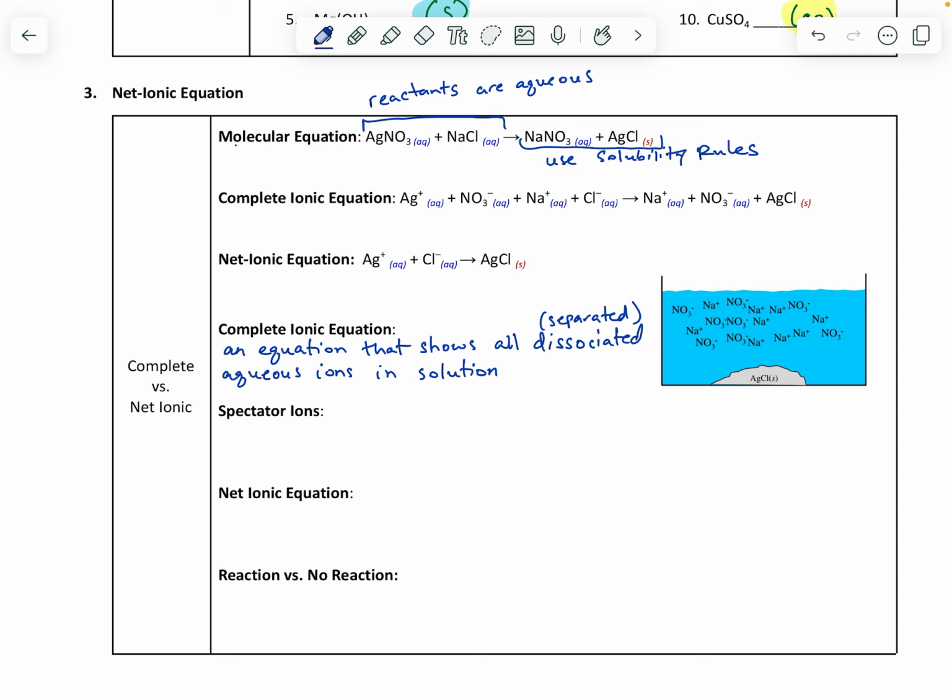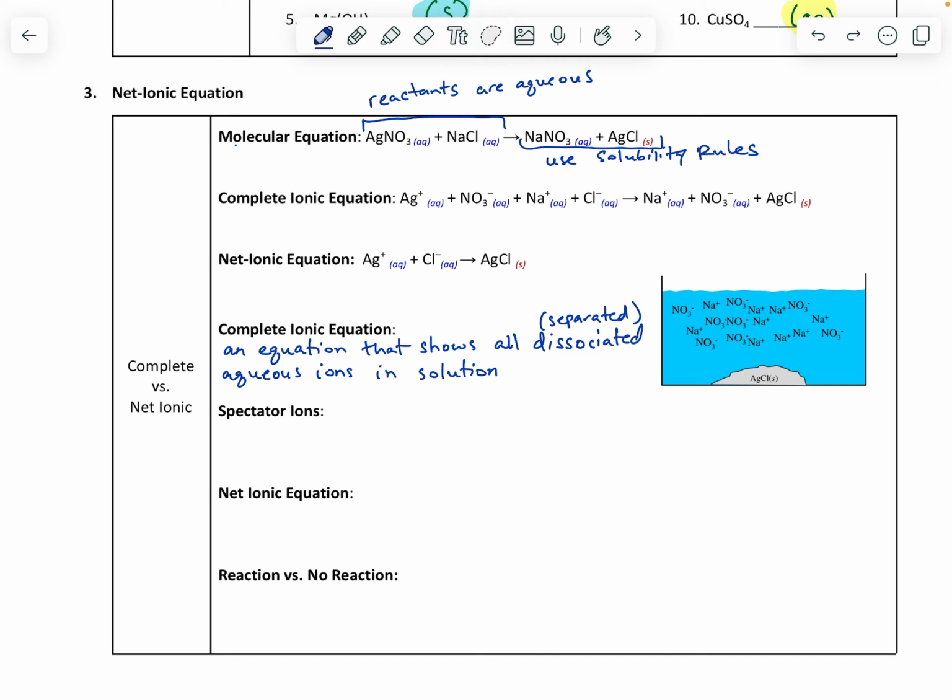You can see the difference between the molecular equation here and the complete ionic equation is that anywhere I see an aqueous solution, I'm going to separate it into its individual ions. Silver nitrate is made up of a positive silver and a negative nitrate ion. You do need to incorporate those charges, and you also need to note that they still are aqueous even when we separate them.